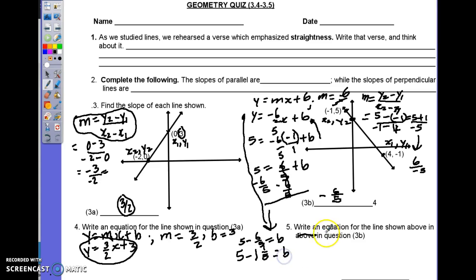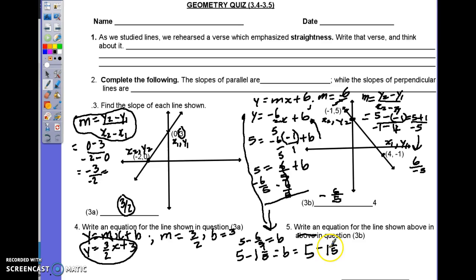Let's work it out. Again, the way I get this, 5 goes into 6 one time, and 1 left over, the 1 I put over the 5. So this is actually 1 and 1/5. So here I'm going to work it out. 5 minus 1 and 1/5.